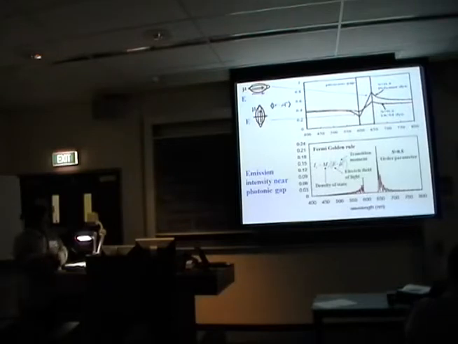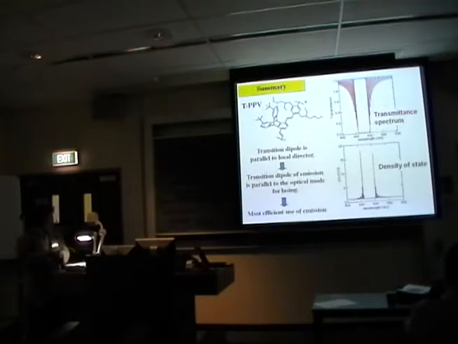So any time the transition dipole is parallel to the liquid crystal local director, the maximum emission rate appears at the lower energy edge, the longer wavelength edge. So we always have the lasing at this edge. That is the reason.